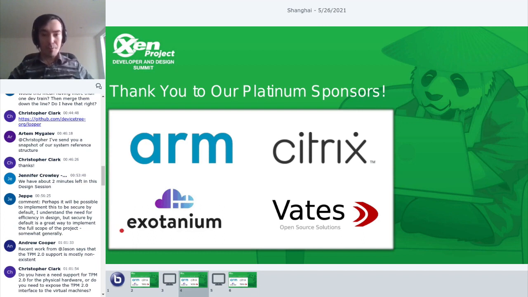So the suggestion was to integrate some of the existing TPM emulators, and among those that provide TPM 2.0 support, IBM TPM 2.0 and SWTPM, also created by IBM.